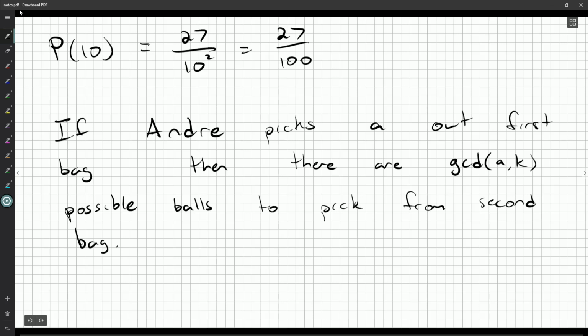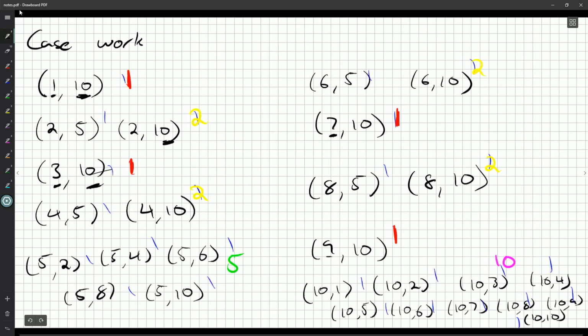That seems to be an observation borne out by these numbers. The fact that we got 2s and 5s. And 5 here occurs because, well, the first number is 5, and 5 GCD with 10. The greatest common divisor of 5 and 10 is just 5. Greatest common divisor of 4 and 10 is just 2. It works that way with all the even numbers.